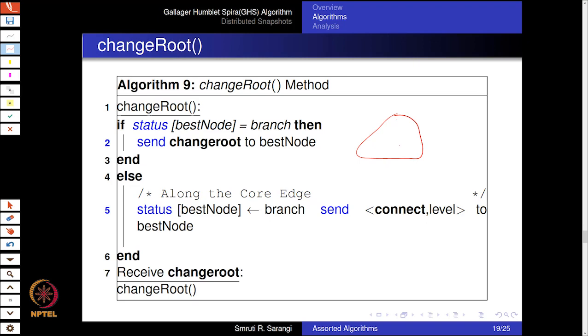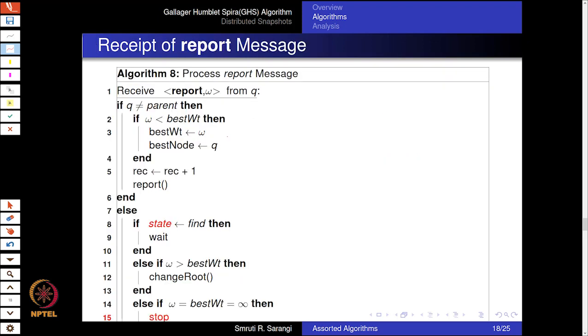Why and how? Every single node of the subtree broadcast its best values to the root, and finally the root computed the minimum operation over here, as you can see, and updated the best weight and best node.